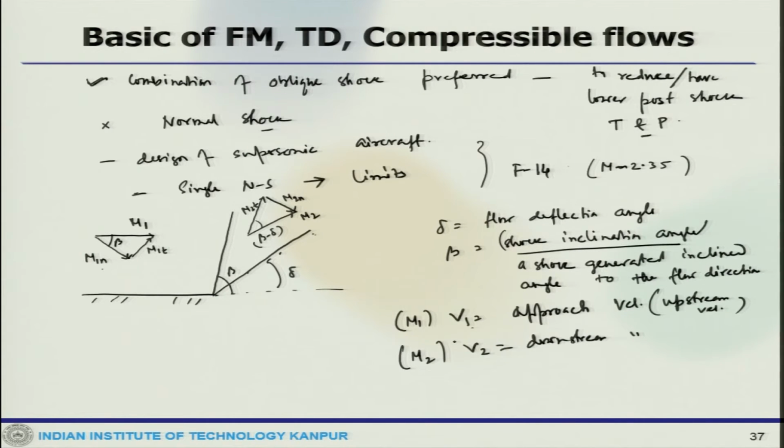So, the tangential, like the Mach number, we can have similar velocity components. The tangential velocity components upstream and downstream are equal.